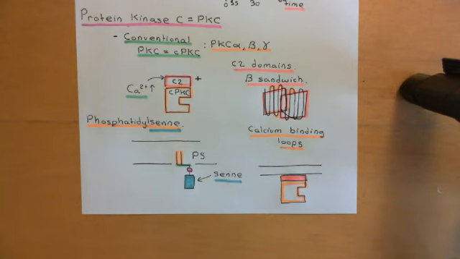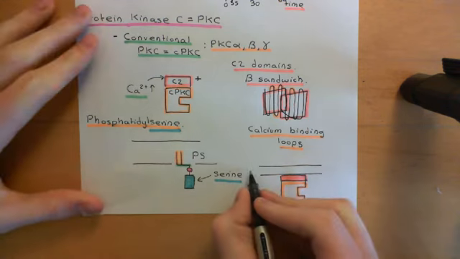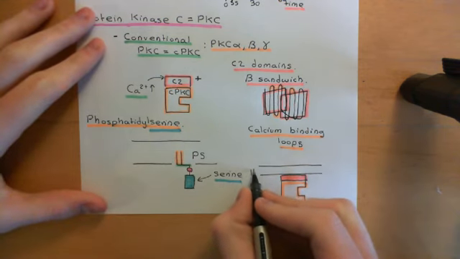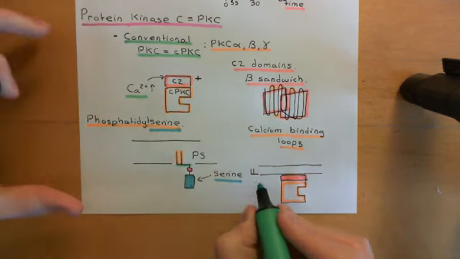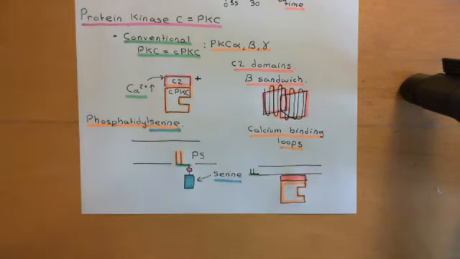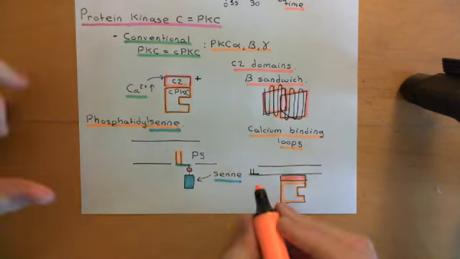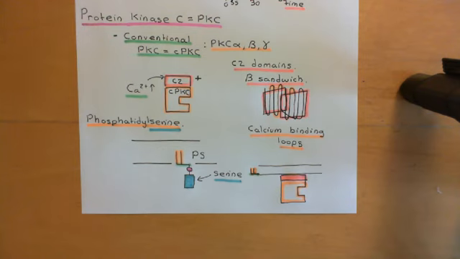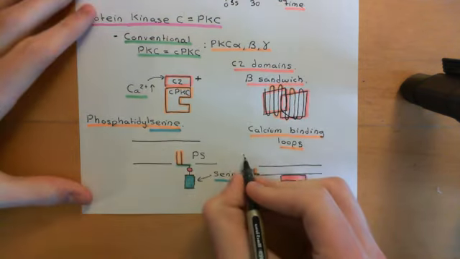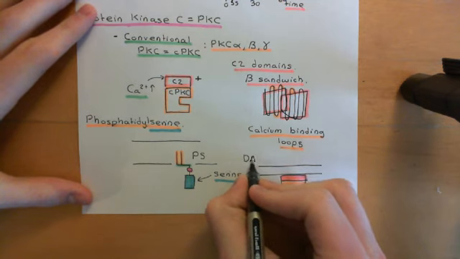The other thing that conventional protein kinase Cs now need to activate them is that other product of the breakdown of phosphatidyl inositol 4,5-bisphosphate. And remember that other product stayed within the phospholipid bilayer. So when we initially broke down PI(4,5)P2 into IP3 and what else was that other product? That was diacylglycerol, DAG.